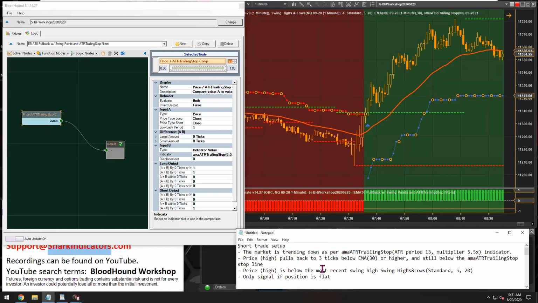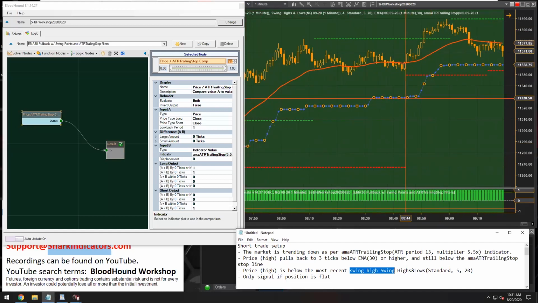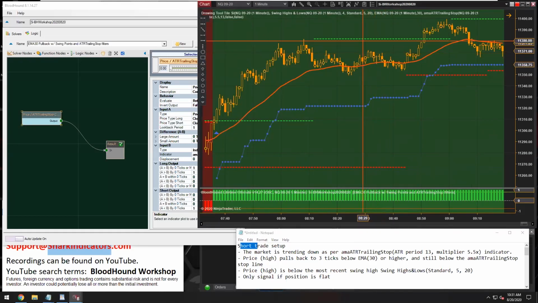Let's do the second easy one here, which is comparing price to the swing high or low. We just need to make sure that for a short, remember, we're building a short signal here, price needs to be below a swing high.